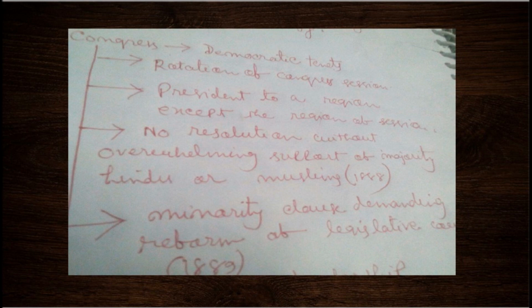At present, a governor is generally selected from another state, not from the state where he is appointed. The same character applied to the Congress president: he was not selected from the area where the session was to be held.